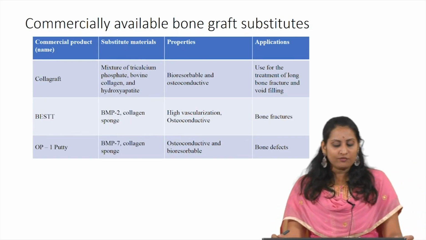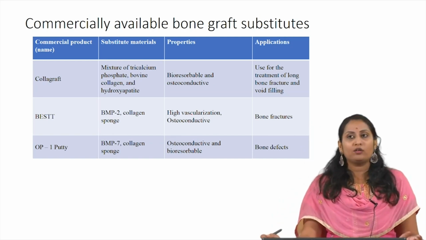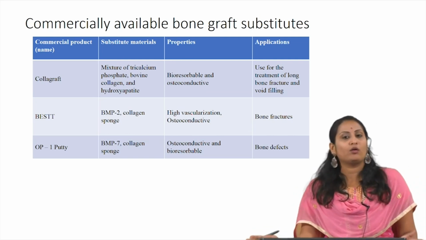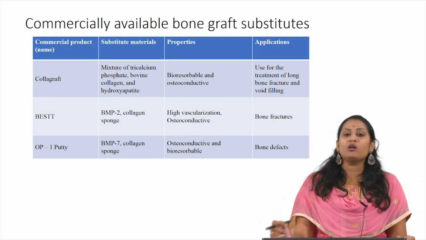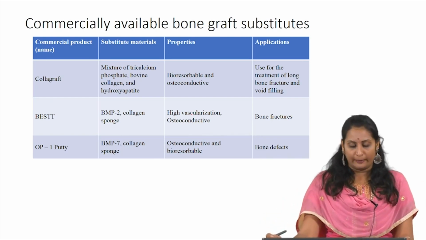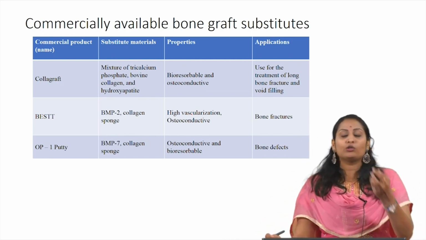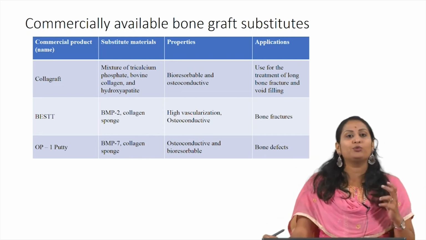And Collagraft, which is a mixture of tricalcium phosphate, bovine collagen and hydroxyapatite, is again bioresorbable and osteoconductive. It can be used for the treatment of long bone fractures and void filling. The last two are mainly based on growth factors, which I already mentioned, like BMP2 and BMP7.